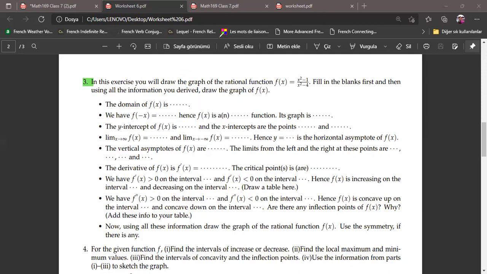So what about this? Let's compute that together. Let me write here. Third question, f of x is given by x squared minus 1 over x squared minus 4. Okay, so we already found the domain.